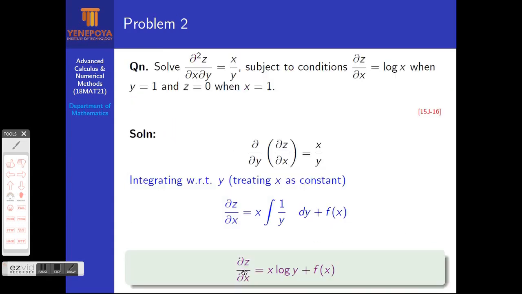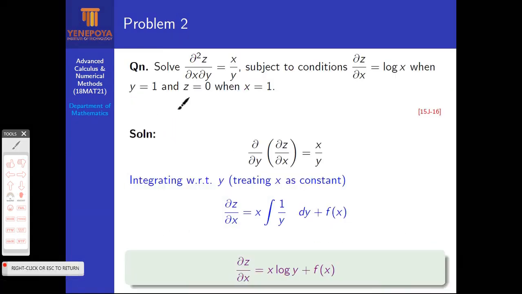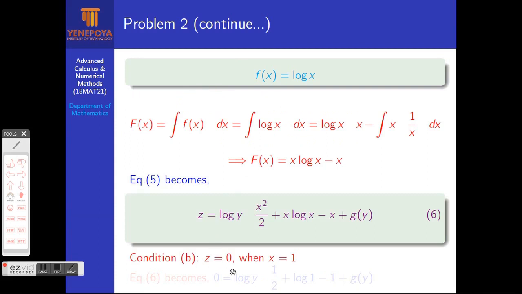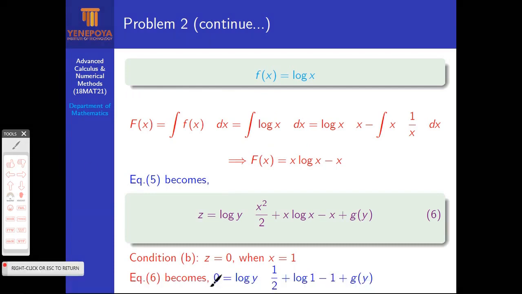Then apply the second condition, that is the value of z is 0 when x value is 1. So here in equation number 6, z equal to 0, that's equal to log y as it is. Substitute x equal to 1, so x square by 2, 1 square, that is 1 by 2, plus 1 into log 1, minus 1, plus g of y.